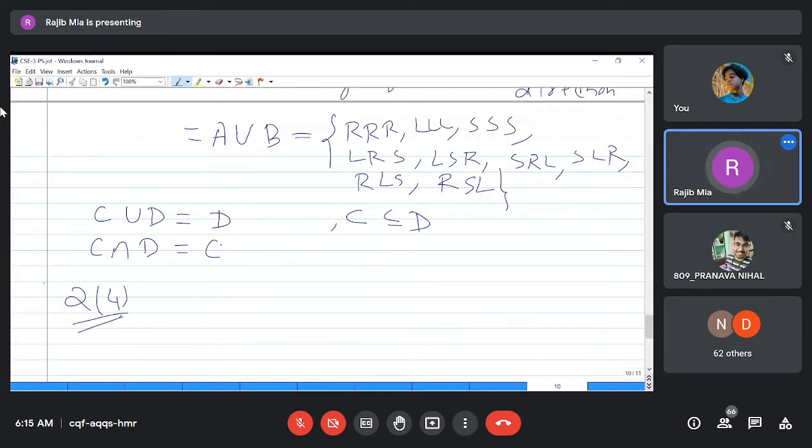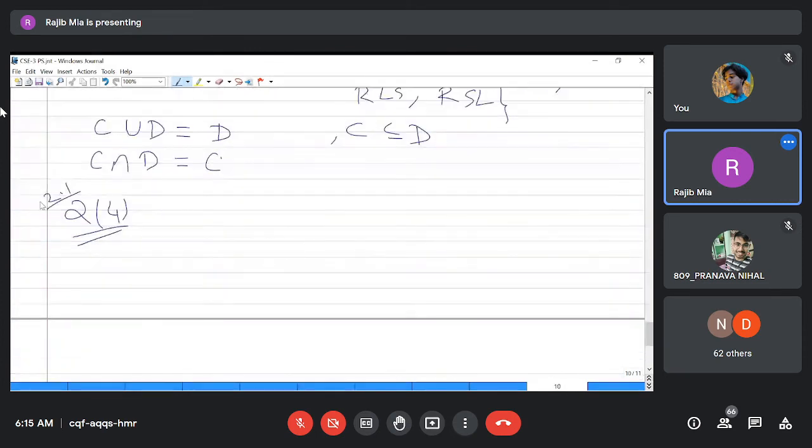Question number 4 of 2.1. So here the number of mortgages is 4, and the 4 mortgages are classified as fixed rate or variable rate.